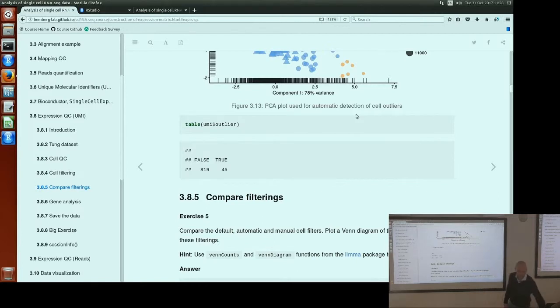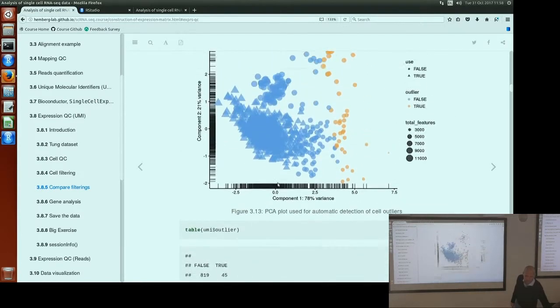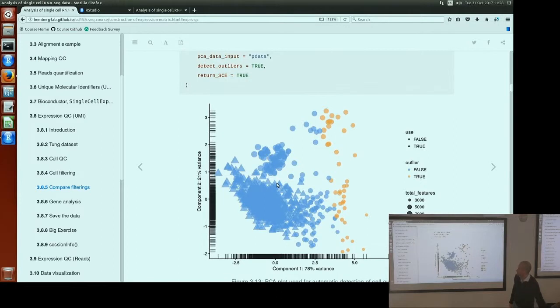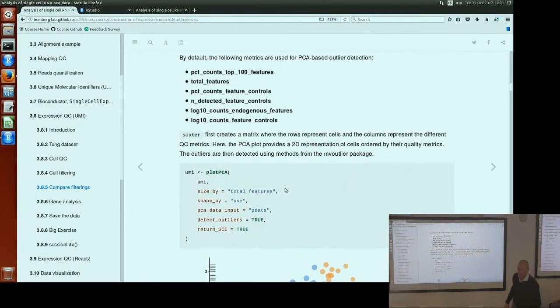Yes. So the question is, in this PCA plot, this is PC1, this is PC2, we can always go back to PC1 and see what is the main component of PC1. This PCA plot is based on these columns of the annotation matrix, right? So we can always find out which of these columns had the most effect on PC1.